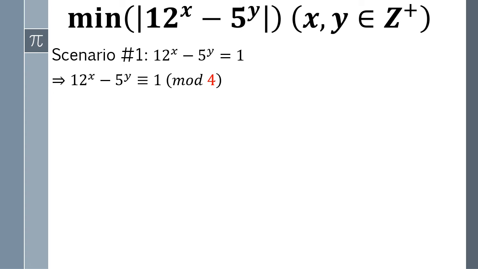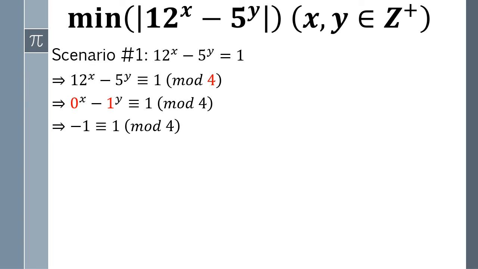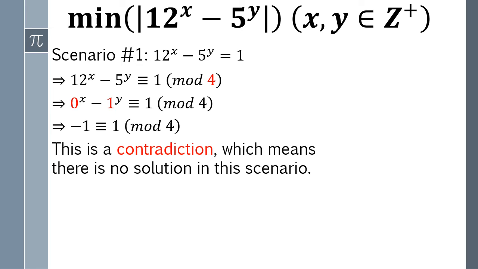Since 4 is a divisor of 12 and 5 divided by 4 has remainder 1, this expression can be changed into 0 to the x power minus 1 to the y's power congruent with 1 modulo 4, which is further changed to minus 1 congruent with 1 modulo 4. Apparently, this is a contradiction, which means there is no solution in this scenario.